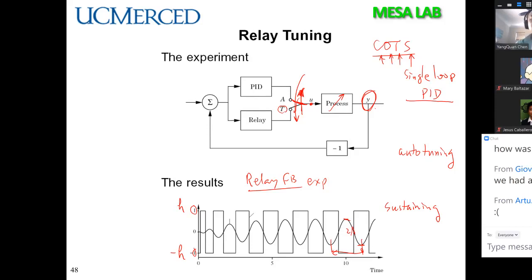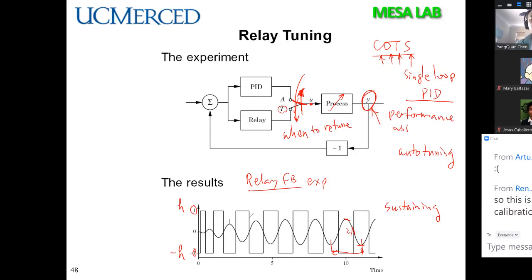So there is a need to look at this Y behavior, then decide when to retune. This is practically very important in industry. This is called performance assessment. So you should have something always watching the Y and making assessment. Then the assessment will make a decision to say whether we should retune or not.